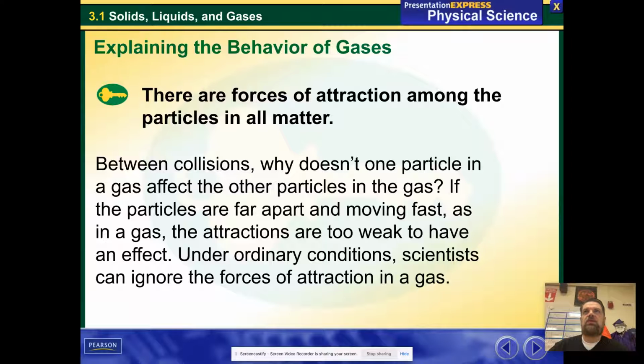Or let me back up. In a gas, the kinetic energy is much higher than the attraction. In a liquid, the kinetic energy is higher, but the attraction is high enough to kind of keep it together. And in a solid, the attraction is so strong, and there's very minimal kinetic energy, not a lot of movement of the atoms, basically.